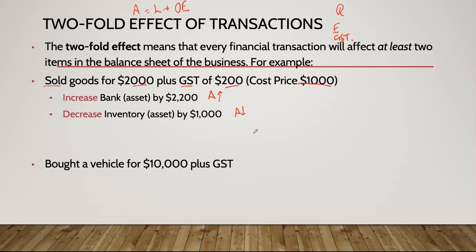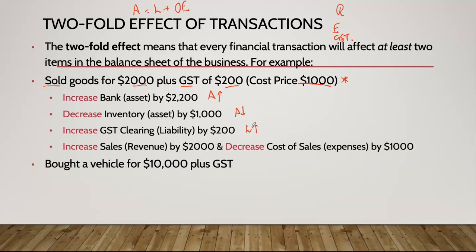What I sold was inventory which has left my business, and those goods of inventory I recorded at my cost price of $1,000. I have an increase in my GST clearing liability. My liability has gone up because I have received $200 of GST that I must give to the government.